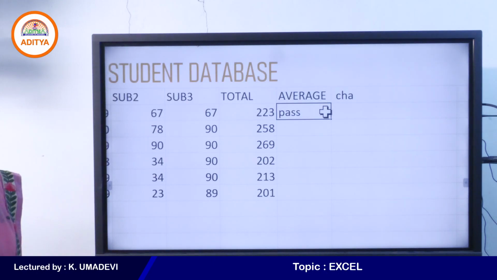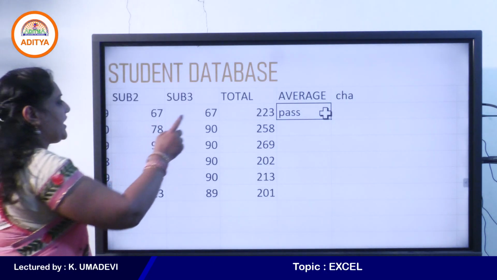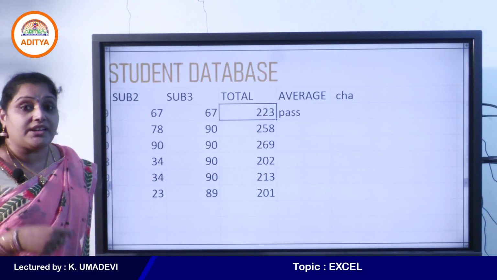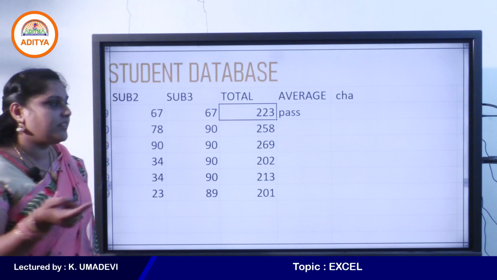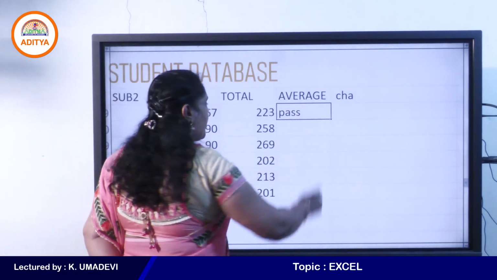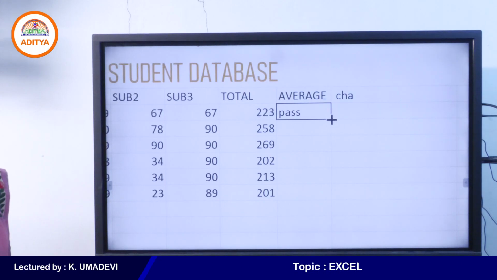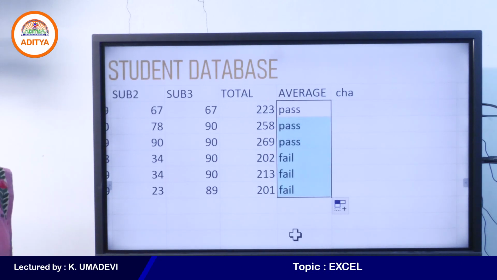See, the result is pass. Why? Because the total cell value, the first cell value, is 223. As 223 is greater than 220, right? So that's why it returned pass. So just I'll copy the formula, students. See, the first 3 cell values contain pass result, whereas the next 3 cells contain fail.